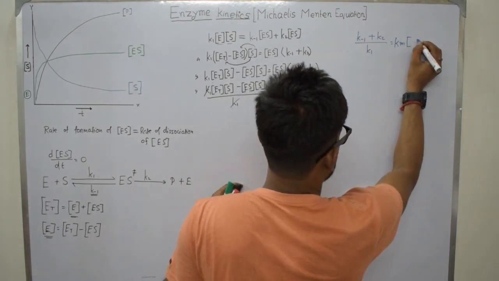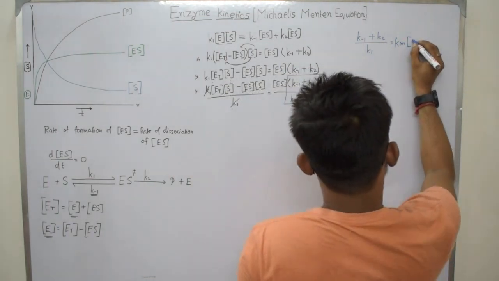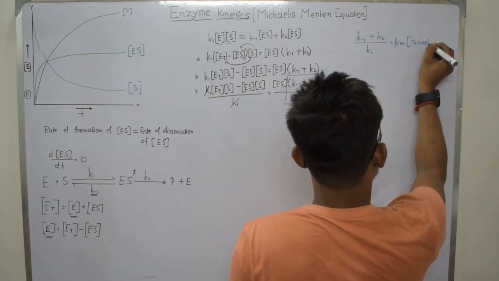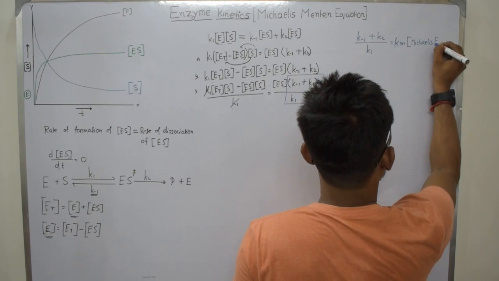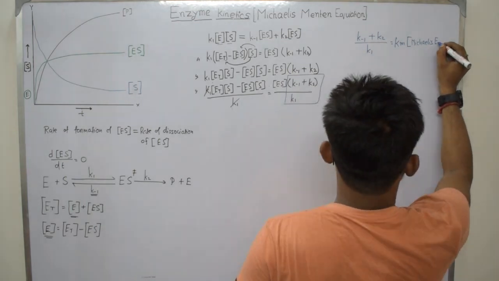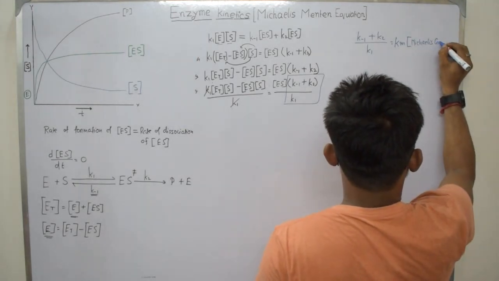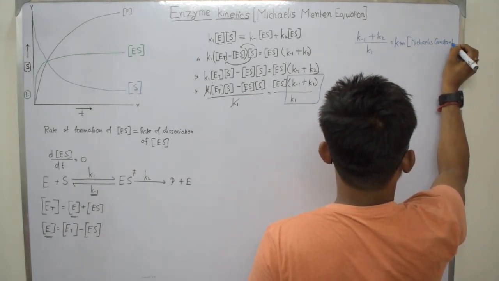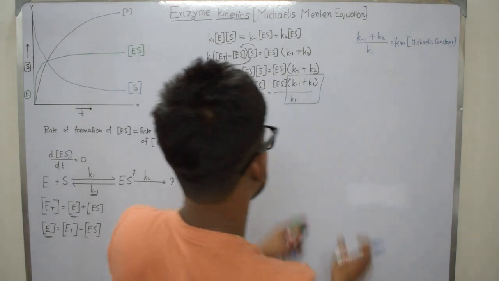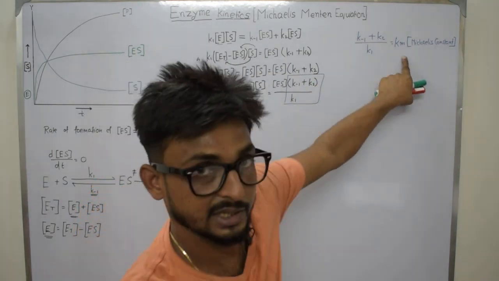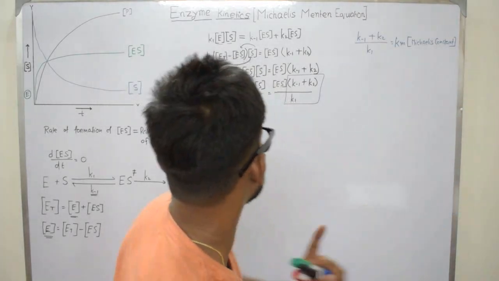This Km is called the Michaelis constant. So in the place of this particular K minus 1 plus K2 by K1, we can write the Km. Okay, so this is the Michaelis constant.